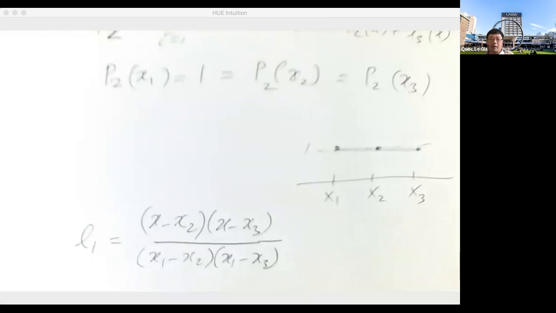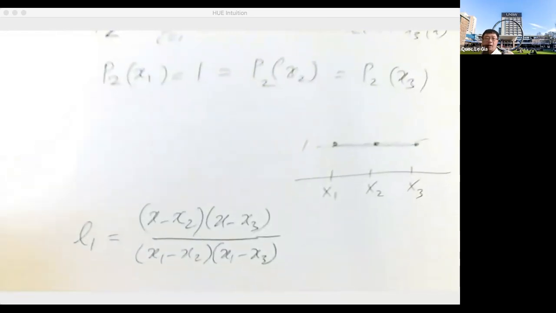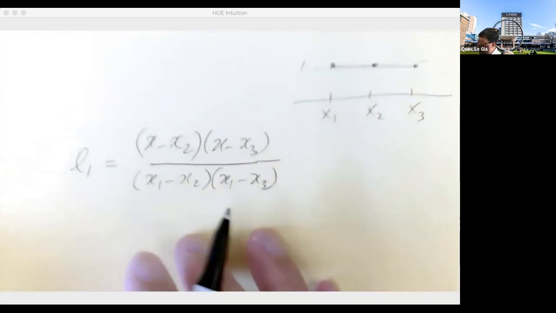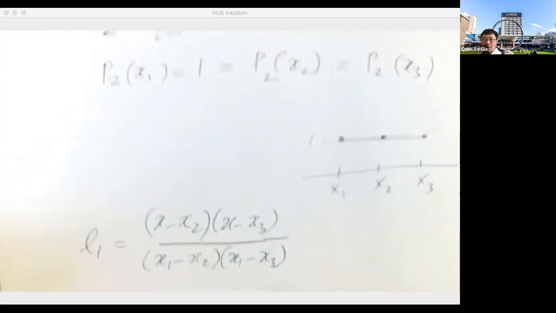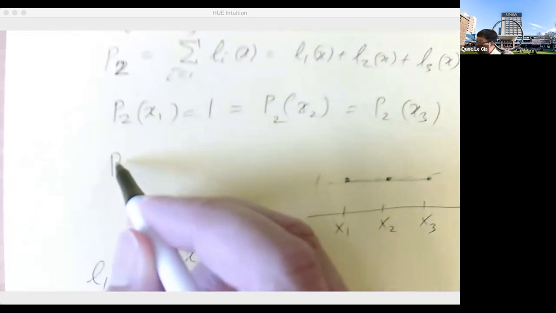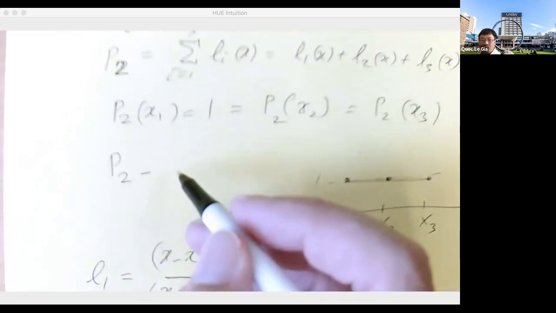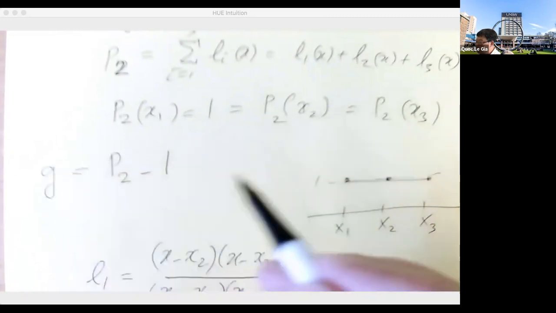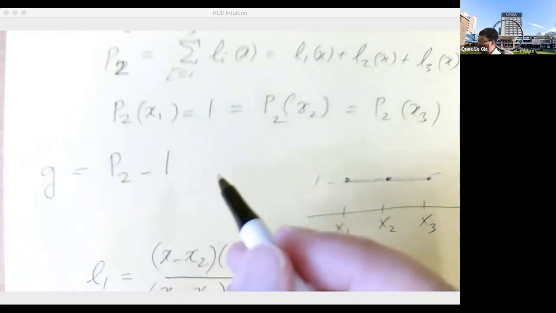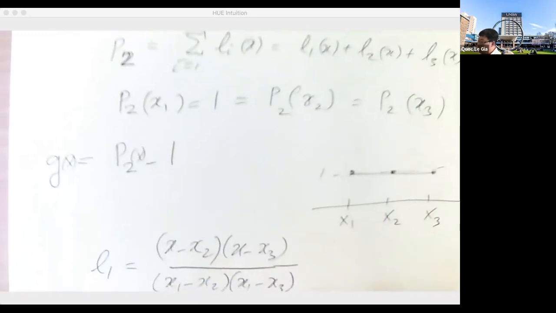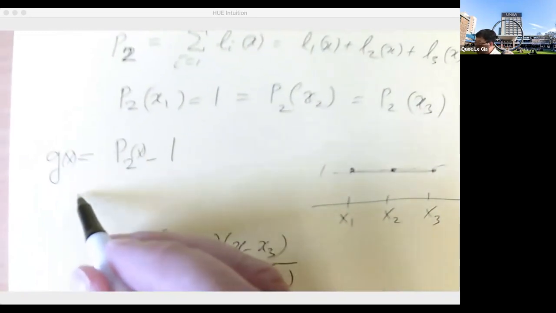Suppose I define P2 minus f, which is just 1, and call this G of x.